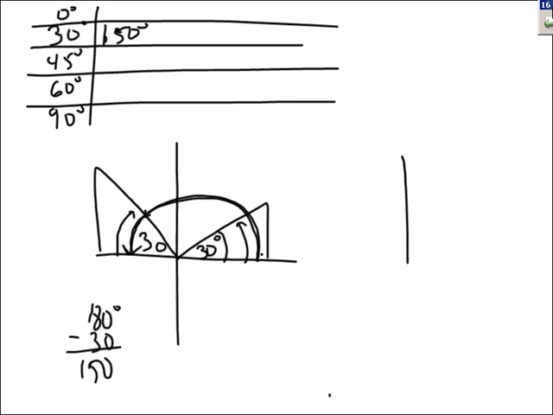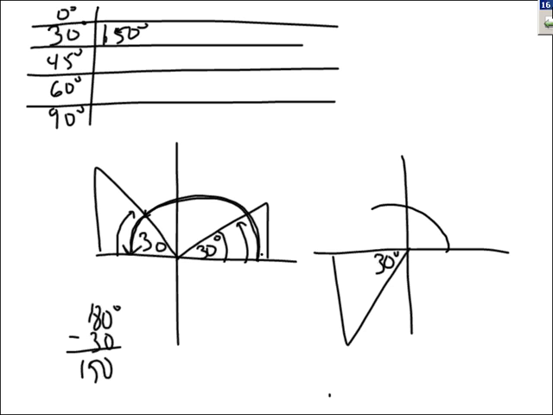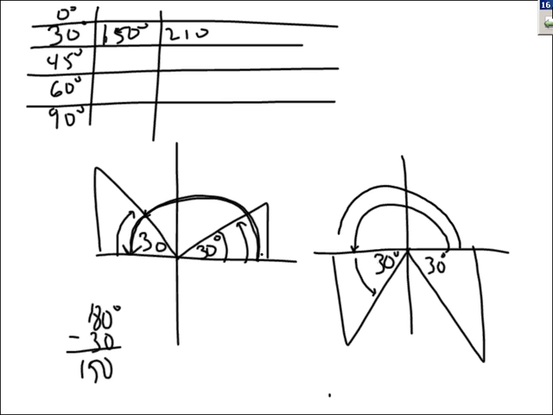If you are in the third quadrant and you have a 30 degree reference angle, well then you're 180 plus 30 more. That's 210. If you're in the fourth quadrant and your reference angle is 30 degrees, well, one way of getting right here is to go too far, to go 360, and then to turn around and go back 30.